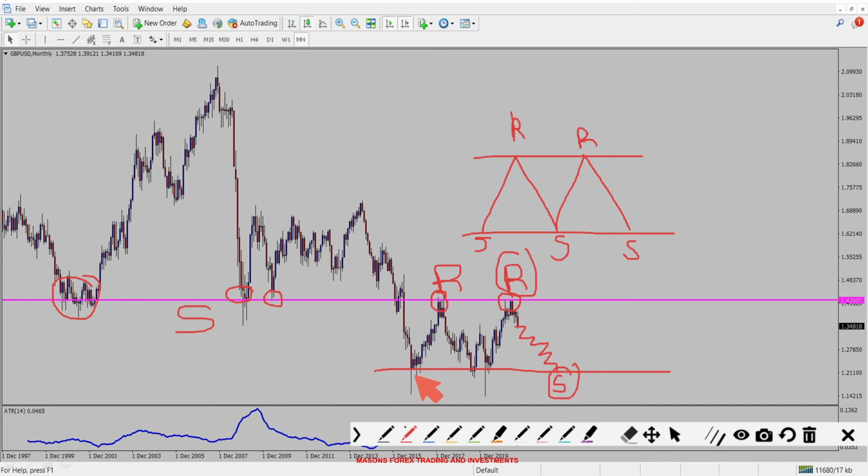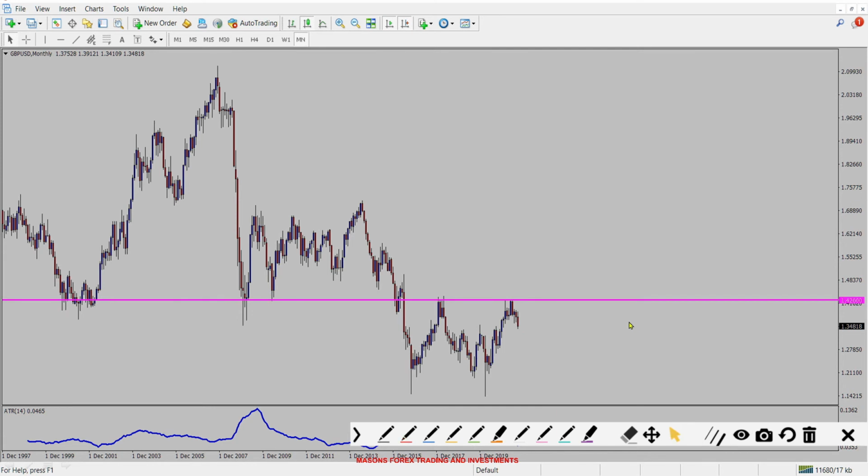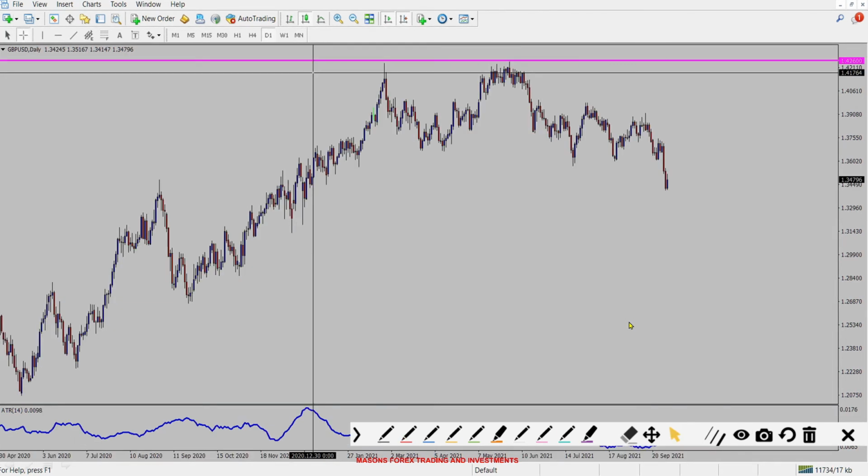Now if you look to the left hand side here, just for explanation purposes, you'll see from the support it went into the resistance, from resistance to support, very similar to this pattern right here, and then from the support level back up. So let's move on. This is the daily chart.